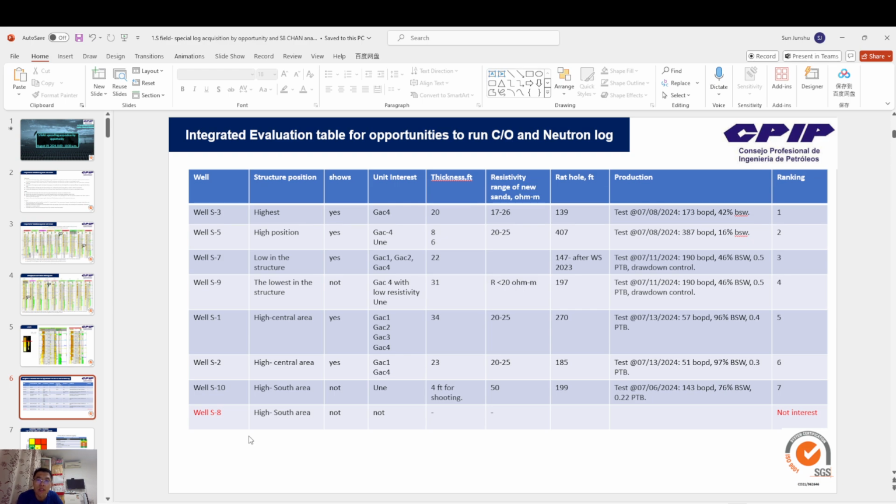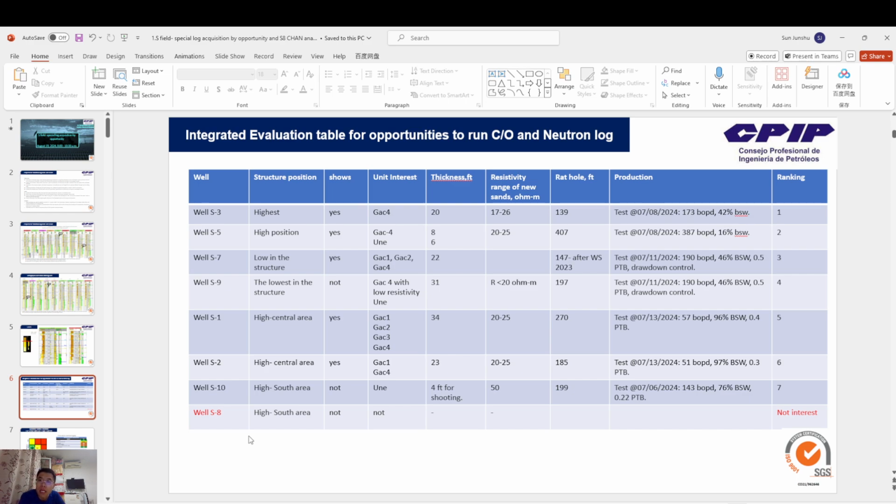Unit of interest includes Gajita 4, thickness around 20 feet, resistivity range from the new sands around 17 to 26. Rat hole is around 139 feet. The current production is around 173 barrels per day, BSW 42%.